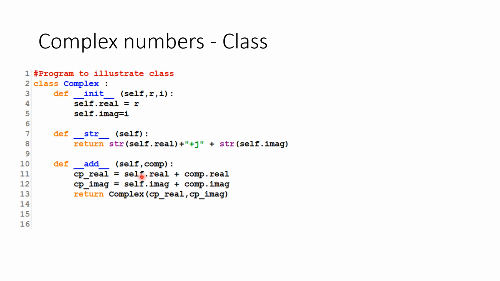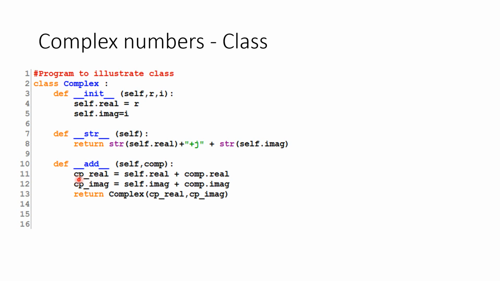Now we perform the addition here. The real of self will be added with the real of comp, and the result will be stored in another object, that is cp underscore real.